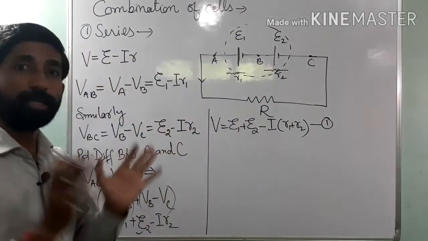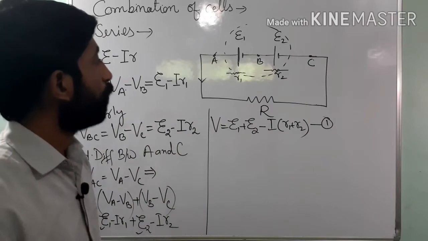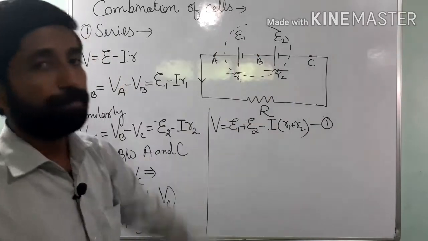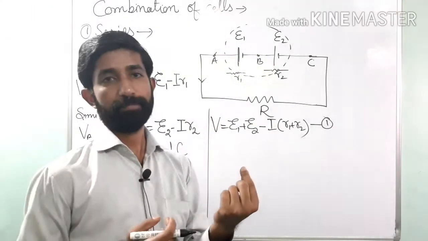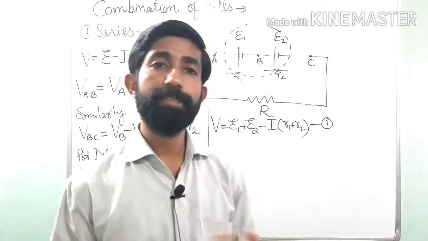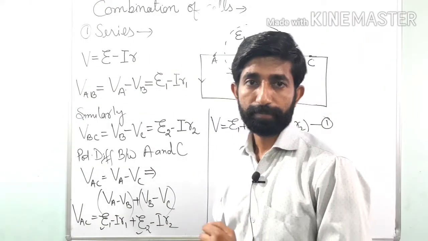Simple and clear. Now what if this combination is replaced by a single cell? That is what we know in physics as an equivalent cell.